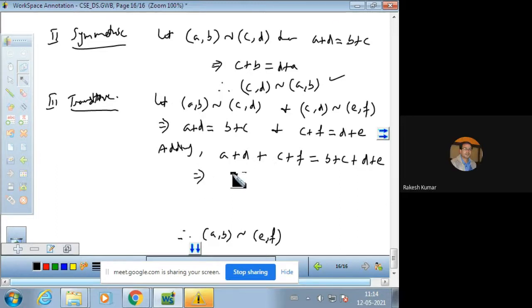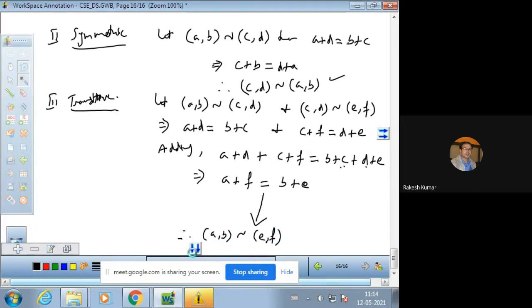Now, d and c will be cancelled with c and d on the right hand side. So a plus f is equal to b plus e. So (a, b) is equivalent to (e, f).